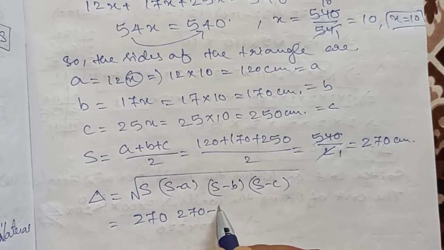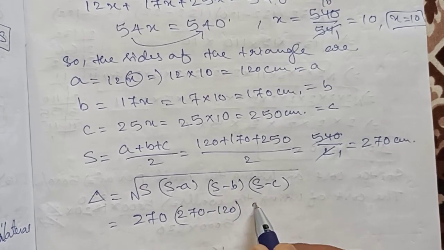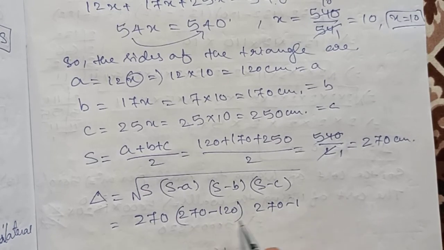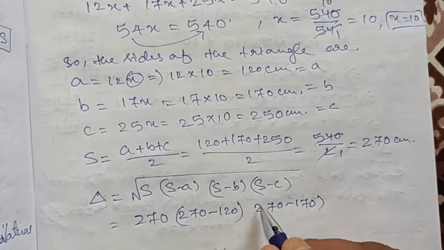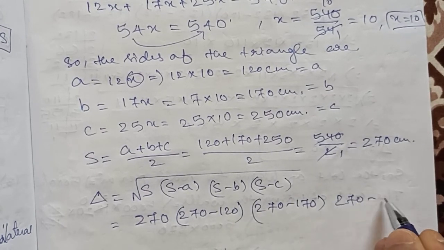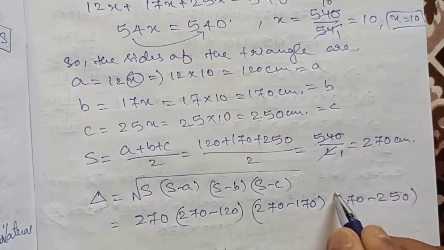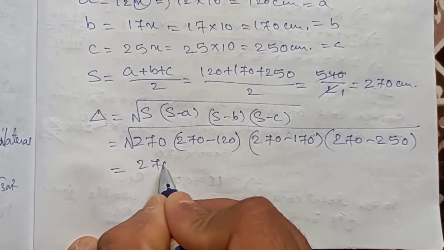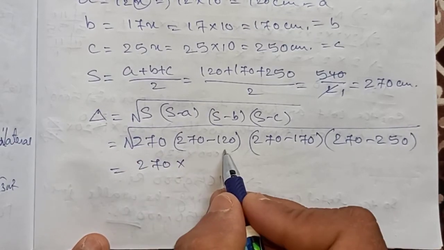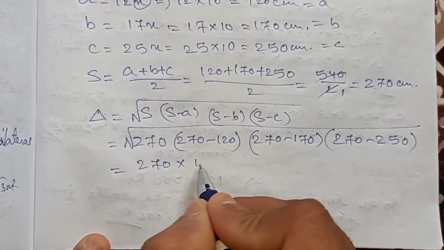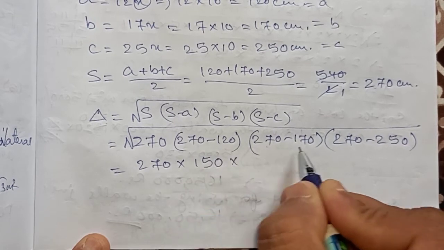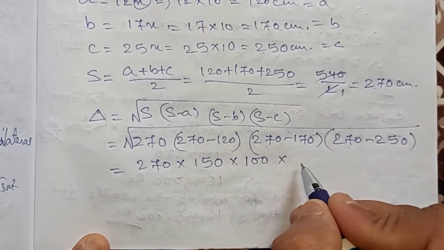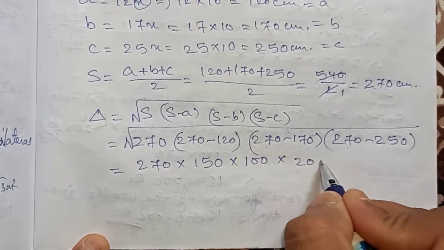So 270 into (270 minus 120), (270 minus 150), (270 minus 170) and (270 minus 250), all under the square root. 270 into 270 minus 120 is 150, 270 minus 170 is 100, and 270 minus 250 is 20.